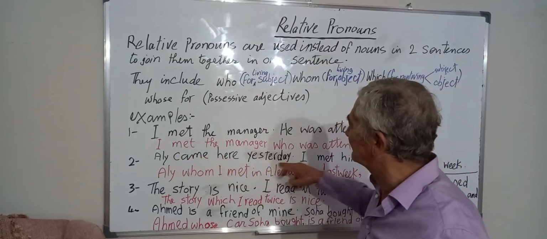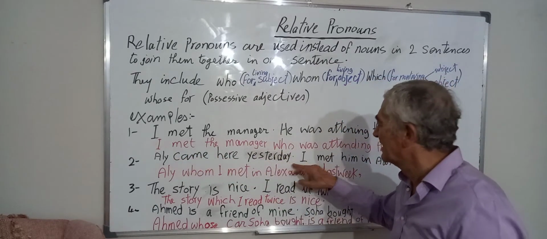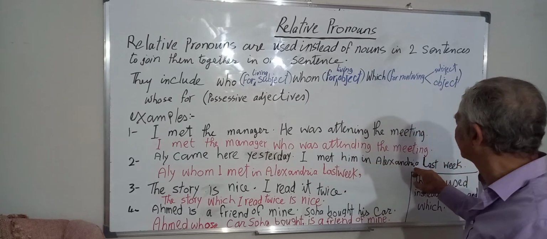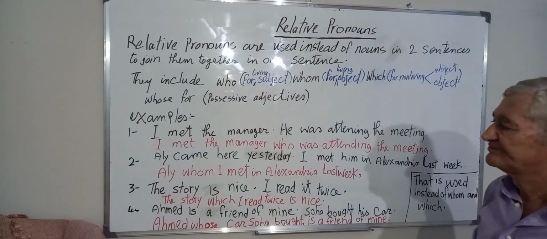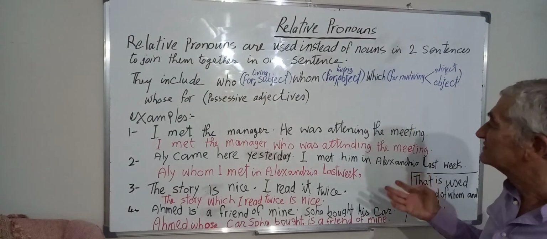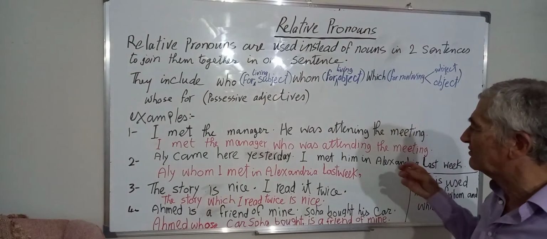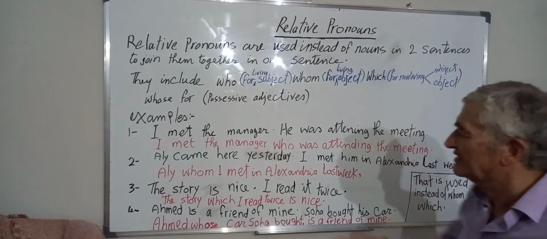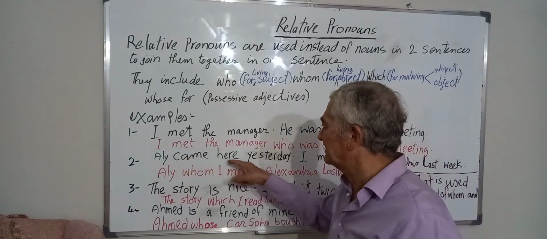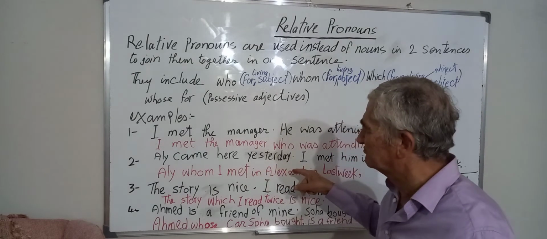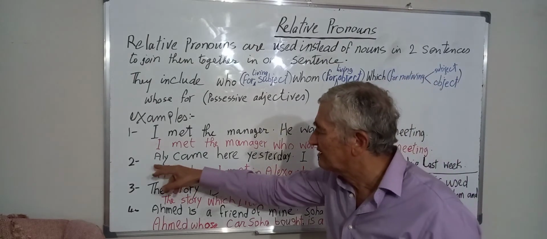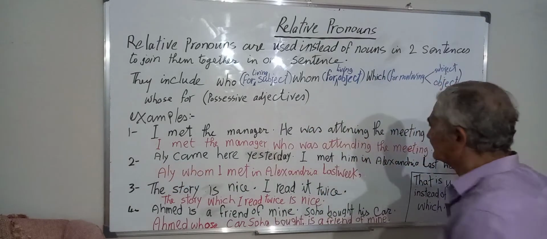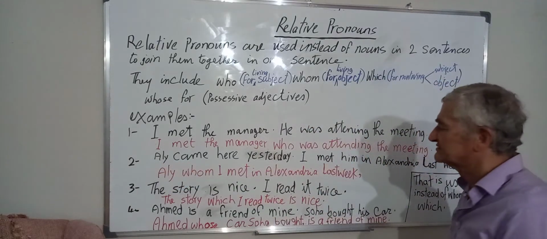Example two: Ali came here yesterday. I met him in Alexandria last week. Okay? What is the repeated noun or pronoun in the second sentence? The original subject here is Ali, which has nothing to do with the second sentence.